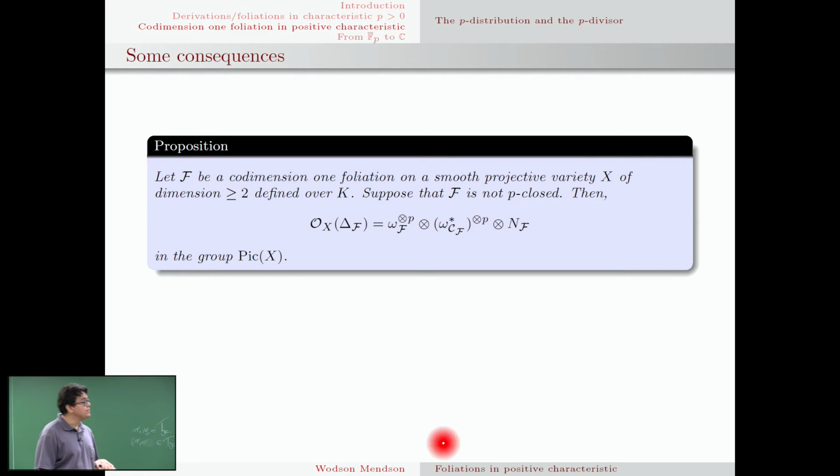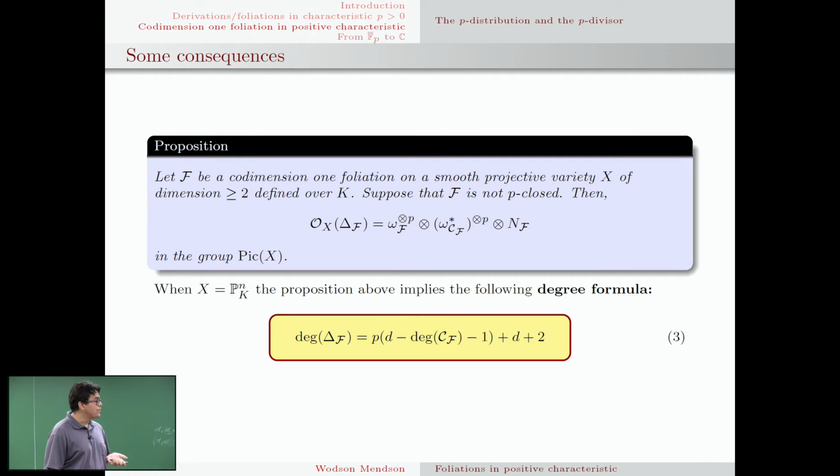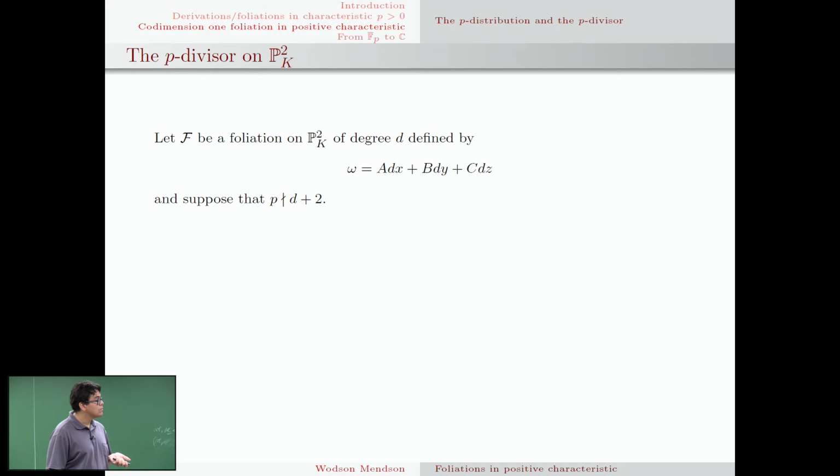By taking the determinant of the exact sequence, we have this formula here, where this is the canonical bundle of the foliation F, and omega_CF is the canonical bundle of the distribution. In particular, if you work in the projective space, we have this formula here. Here I give you an example.